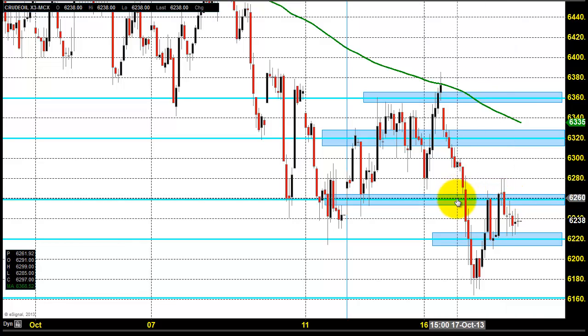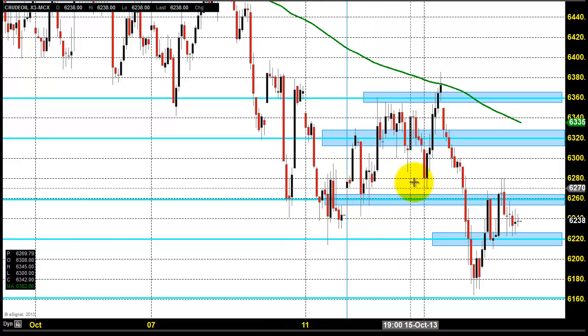This zone is going to be very important for sellers. If there is continuous selling in the crude oil market, the price will not break above 6260 again. The major reason is that in this particular area, whenever the price was staying above, it encouraged buyers to buy.